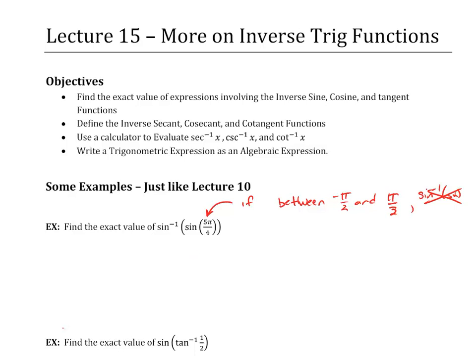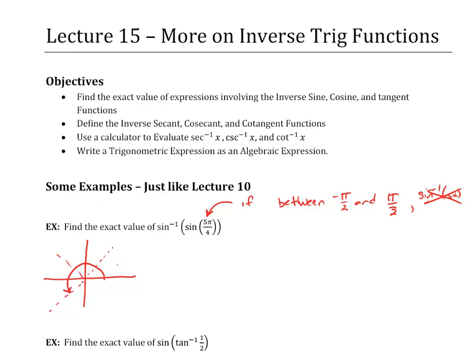However, 5 pi over 4 is not between those two. In fact, where is 5 pi over 4? Remember, pi over 4 is a 45-degree angle, so 5 of those, 1, 2, 3, 4, gets me back to pi, and then 5 pi over 4 is down here.